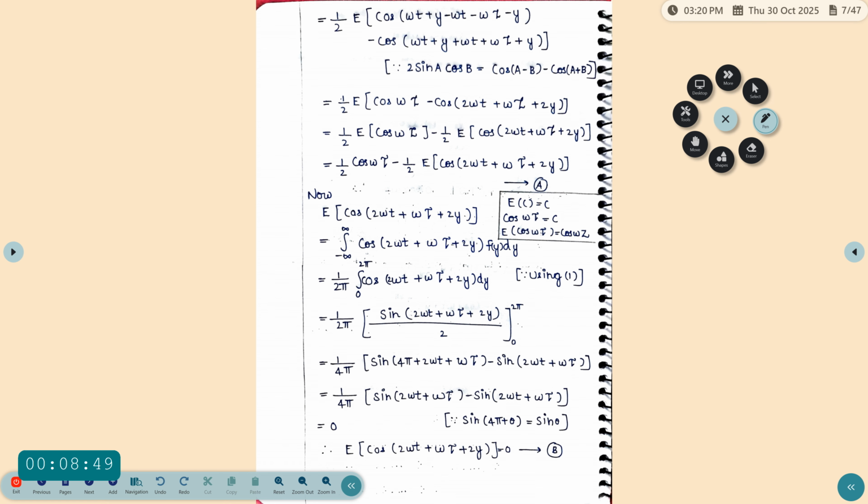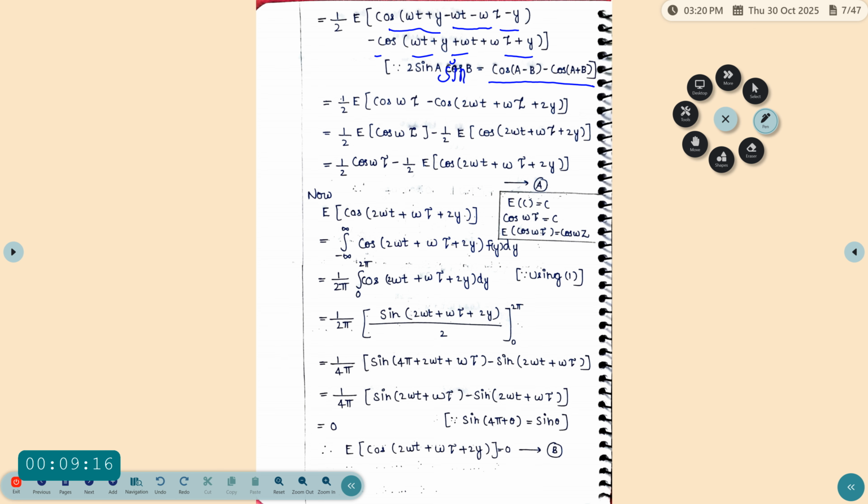So this term equals 1 by 2 into the expectation of cos(omega t plus y minus omega t minus omega tau minus y) minus cos(omega t plus y plus omega t plus omega tau plus y). That means 2 sin A sin B. 2 sin A sin B equals cos(A minus B) minus cos(A plus B).